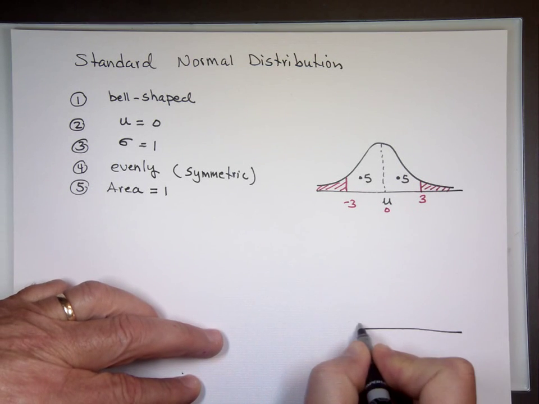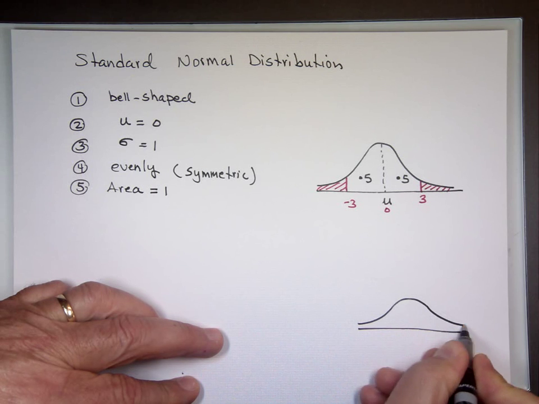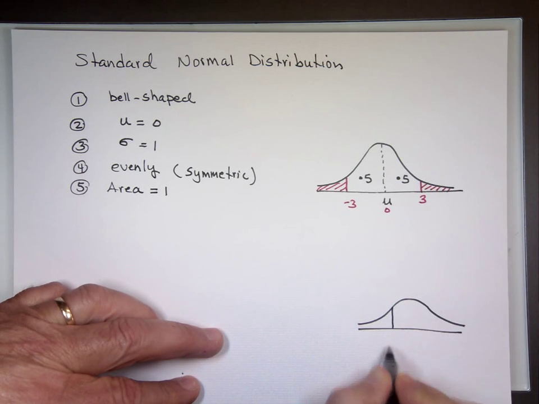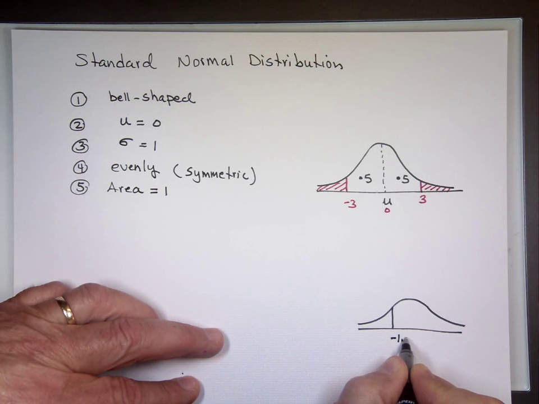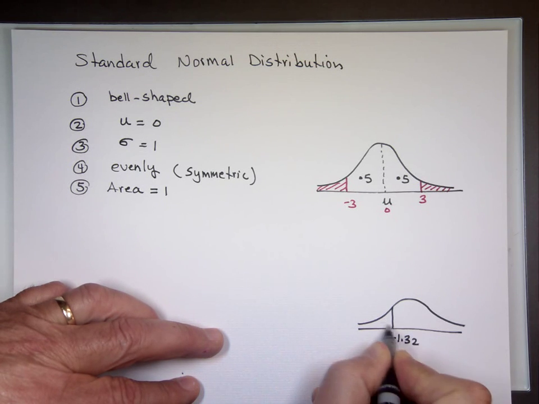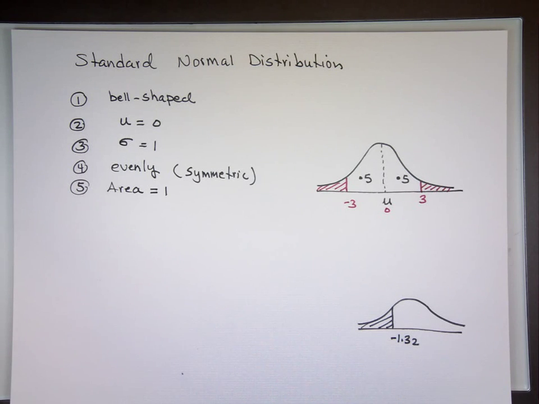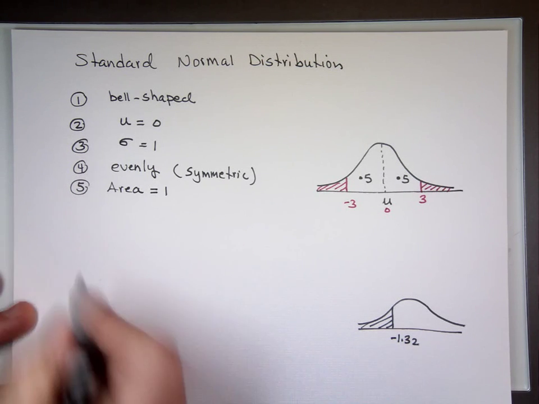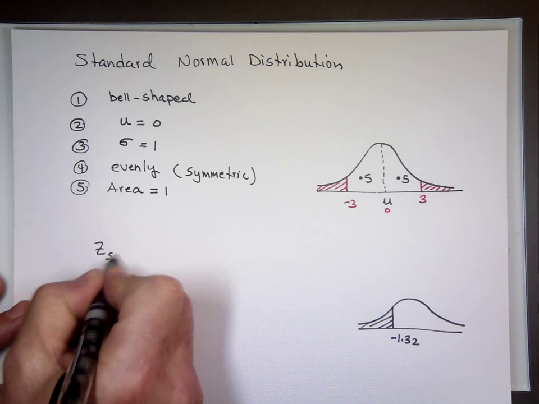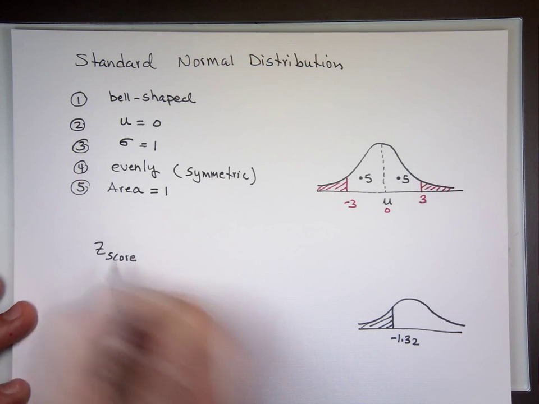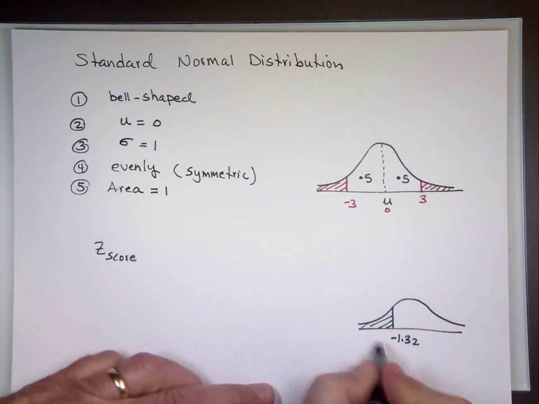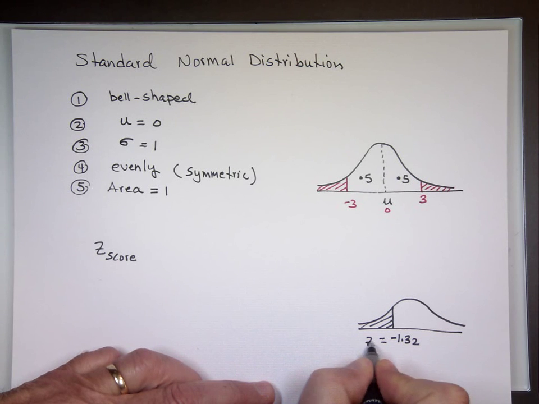Can you tell me what is the area to the left of negative 1.32? First, the number I'm writing down at the bottom is called the z value, or the z-score. Z equals negative 1.32.